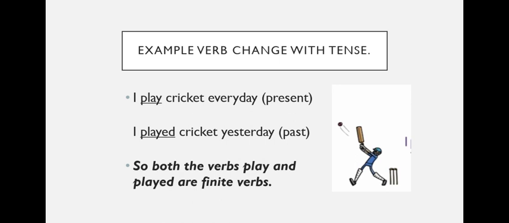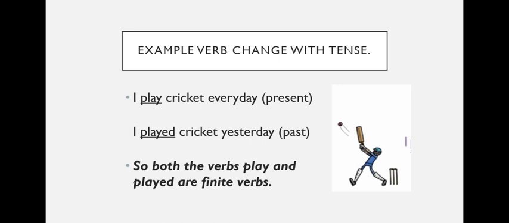In this very first example, the verb is play and the sentence is in the present tense. Now coming to the second example, I played cricket yesterday. Here the verb is played, and the sentence is in the past tense.